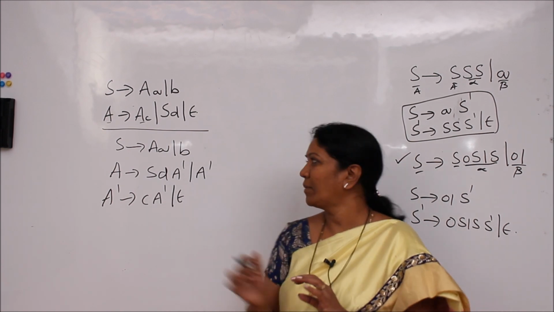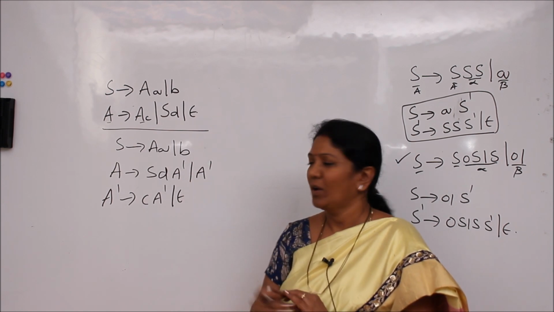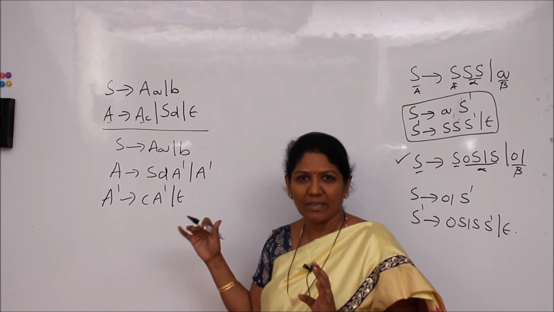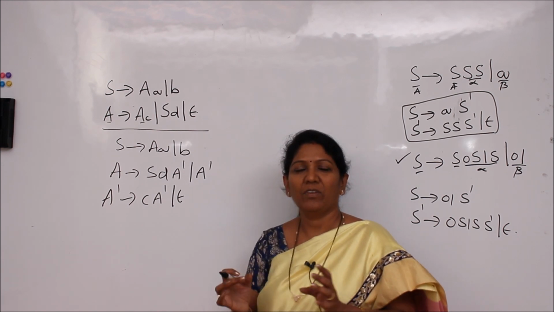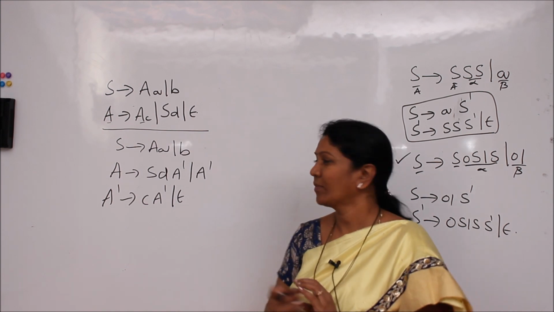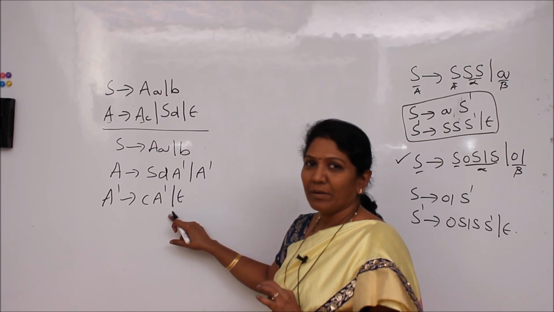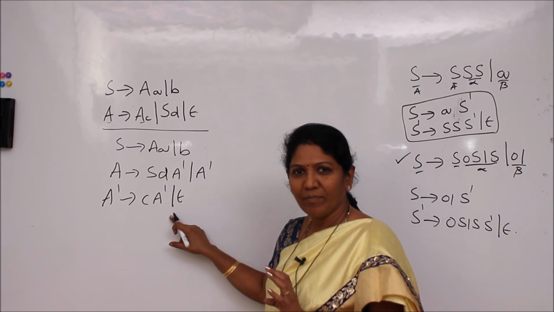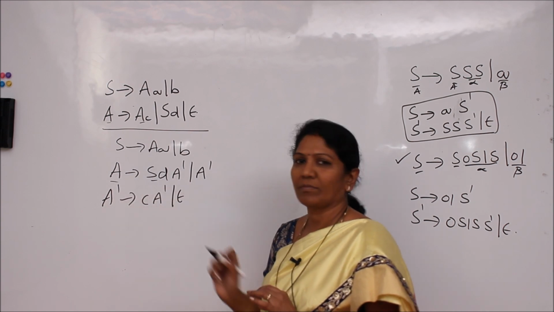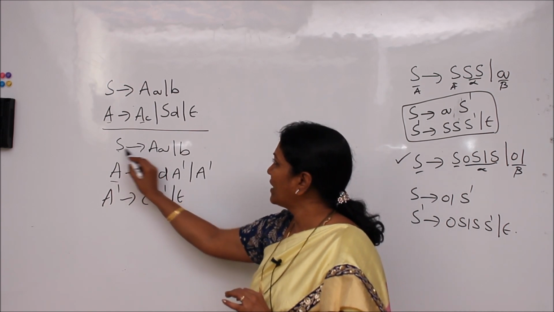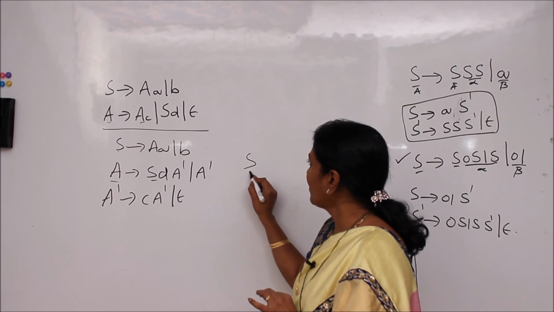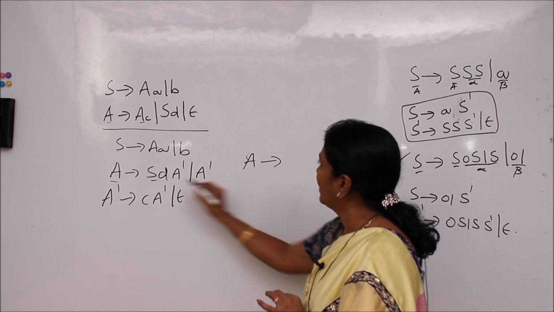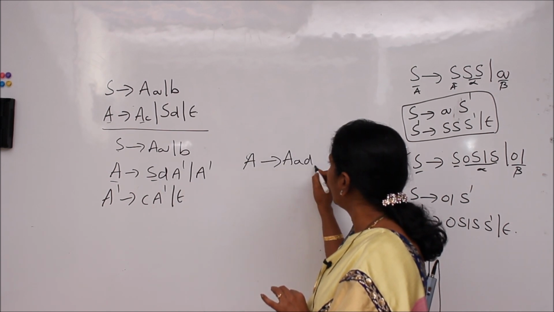Straight away, if you apply that formula, this is what you get as the equivalent. Look at this particular equivalent grammar. No doubt it is an equivalent grammar. What do we mean by equivalent grammar? One which defines the same language. So in this grammar, is the left recursion completely eliminated? Look at this. Once again, when S is expanded by AA, A can be AAD A'.